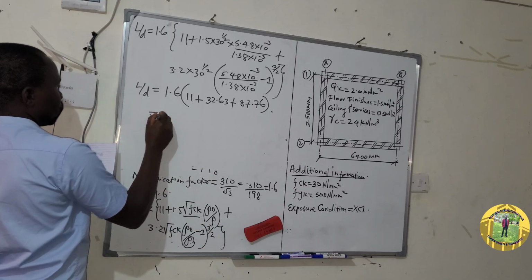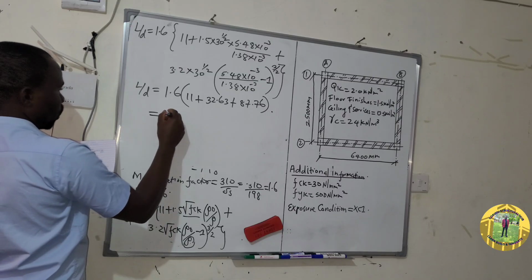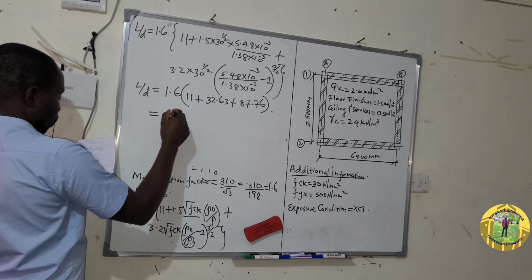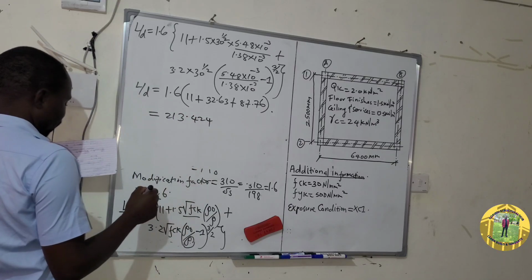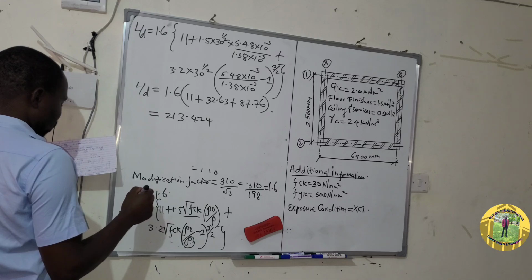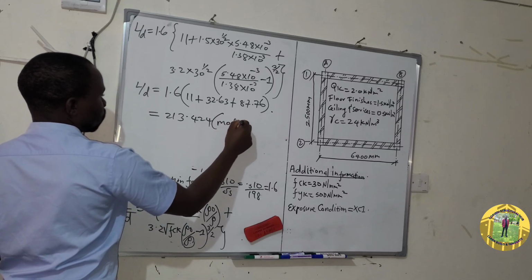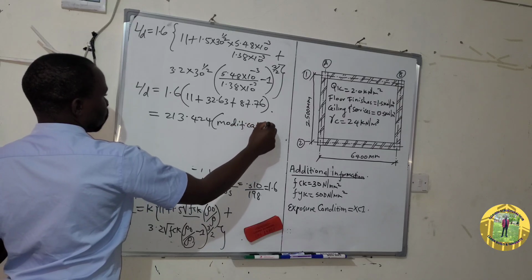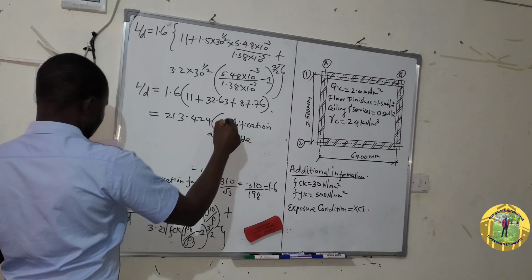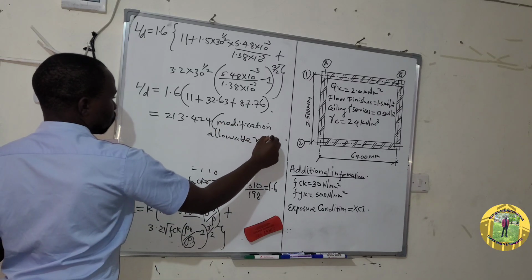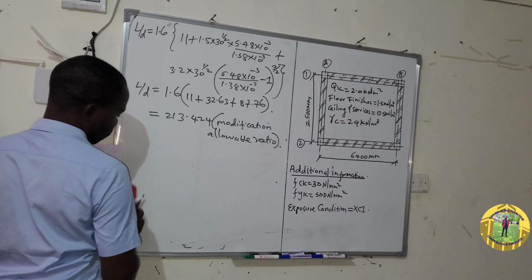So this one is equal to 213.424. And this is the allowable limit, or the modification allowable ratio, like that.